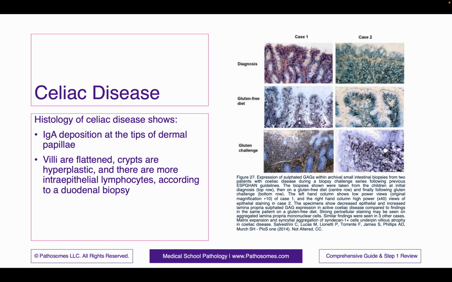And to reiterate, the histology of celiac disease shows IgA deposition at the tips of the dermal papilla, and more importantly, and more to be tested, is the villi that are flattened, the crypts that are hyperplastic, and the intraepithelial lymphocytes, right?